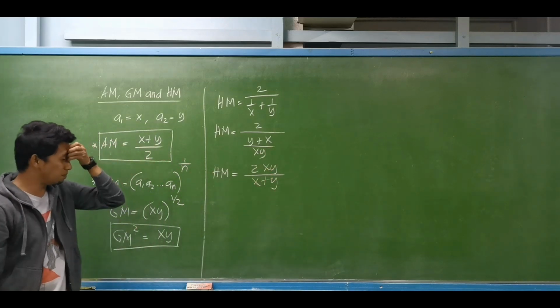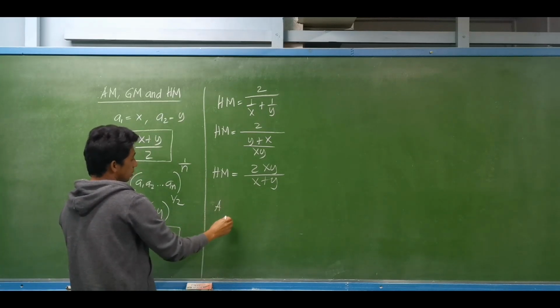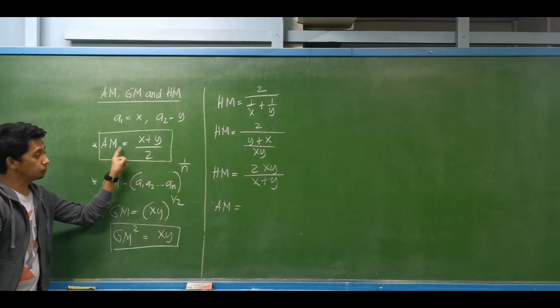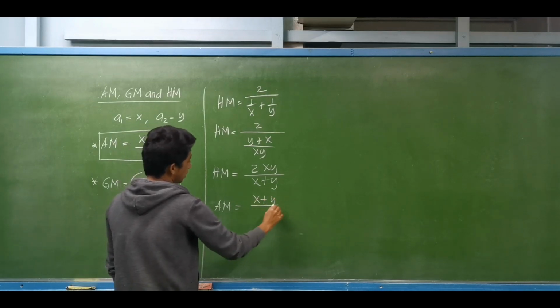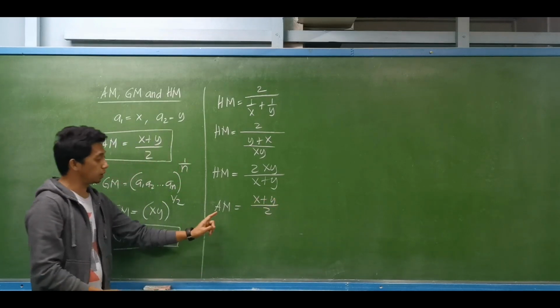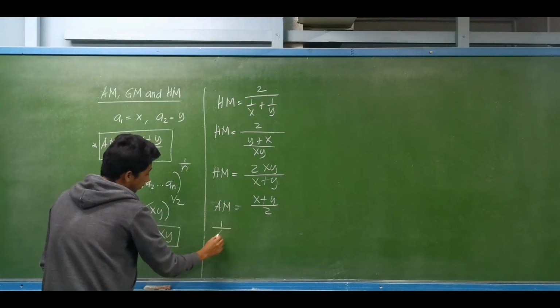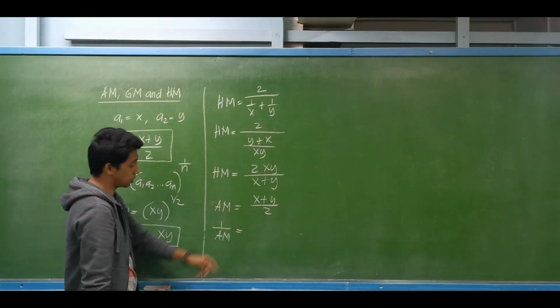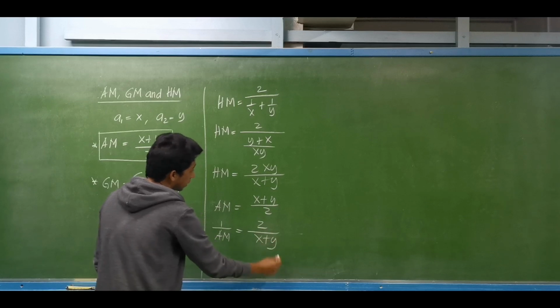Now if we observe this, what is the arithmetic mean? The arithmetic mean is x plus y divided by 2. What if we take the reciprocal of the arithmetic mean? What is 1 over the arithmetic mean? We just take the reciprocal, which is 2 divided by x plus y.